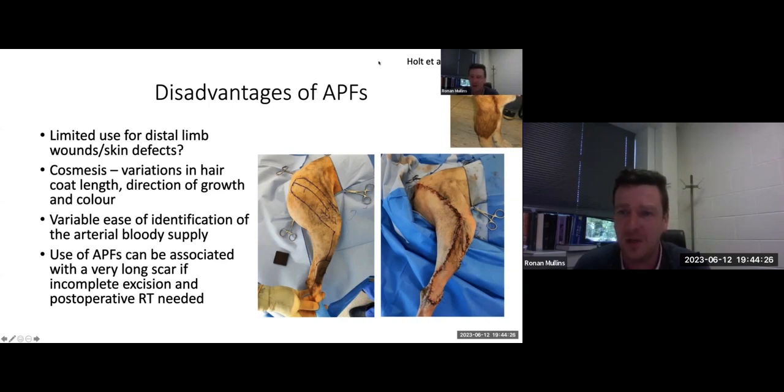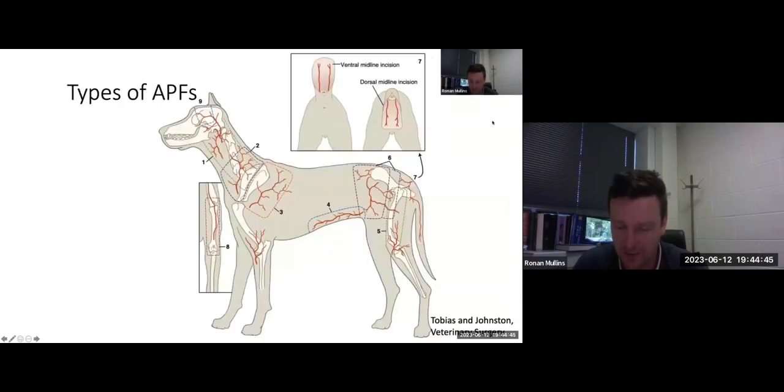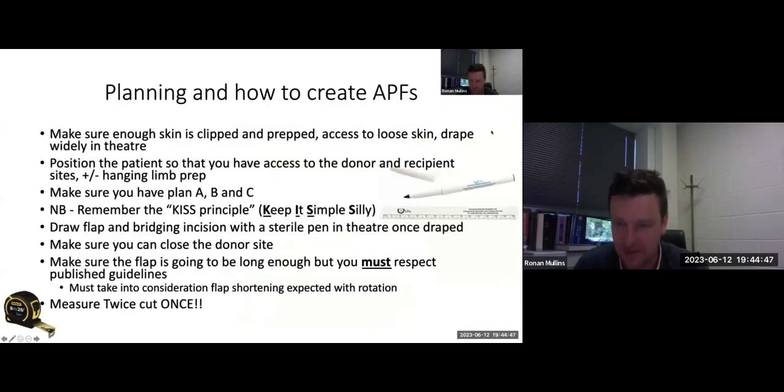There is also, and we'll cover it later, descriptions of using skin stretchers. This is an example here, a published example from a case in the literature of where they use skin stretchers in order to be able to stretch the skin associated with the thoracodorsal, and they were able to achieve closure of a wound all the way down to the carpus.